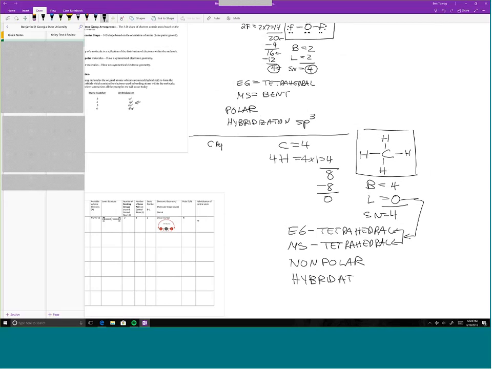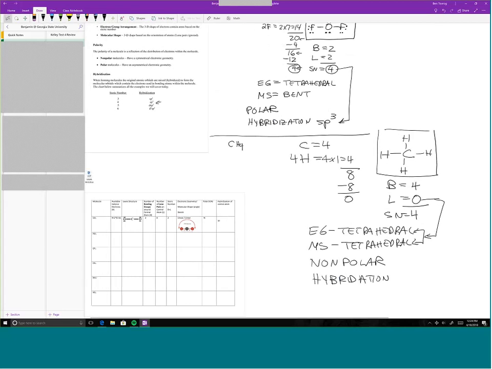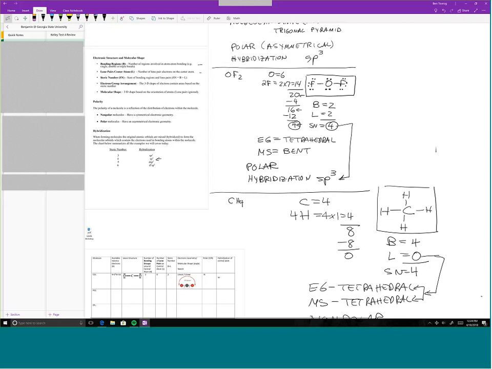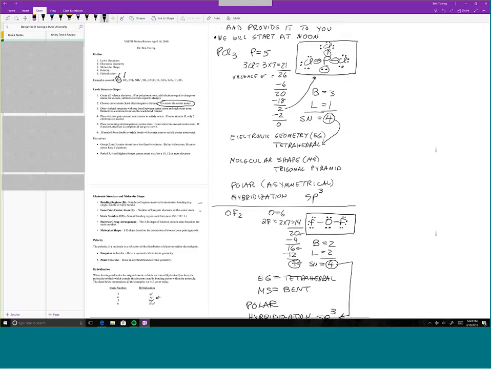When steric number is 4, the hybridization is sp3. Okay. All right. So that was pretty simple. So like I said, so far our first 3 examples are all steric number 4, sp3. All right, let's do something a little different.